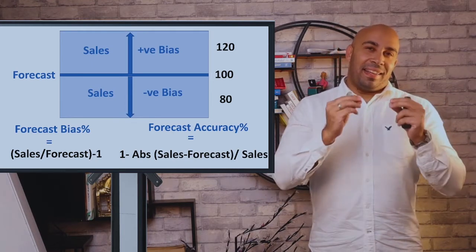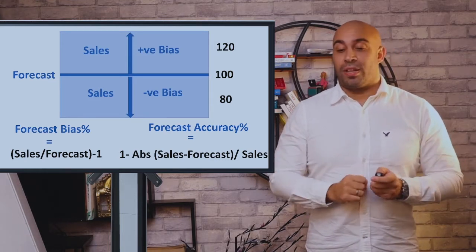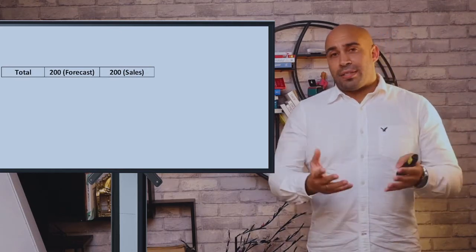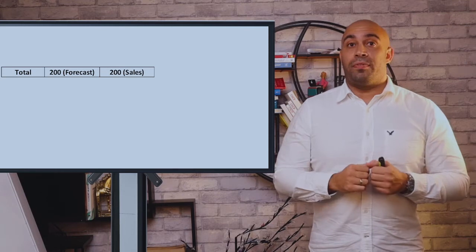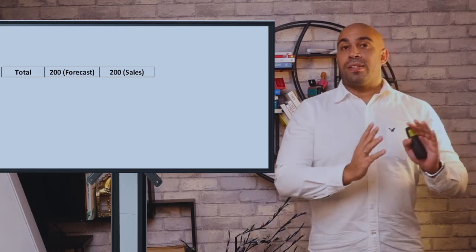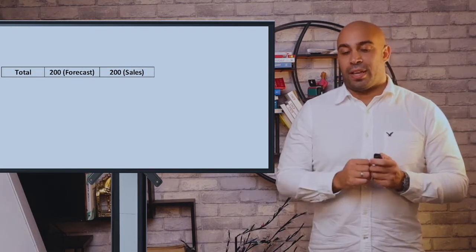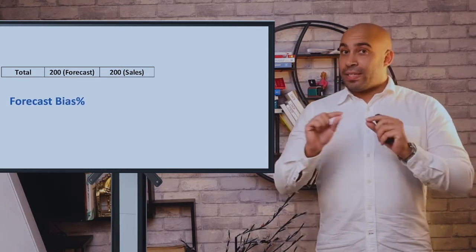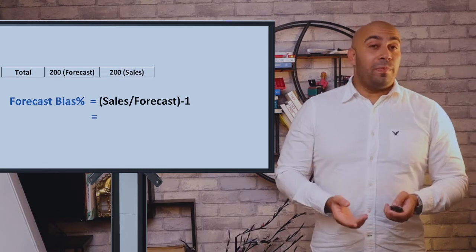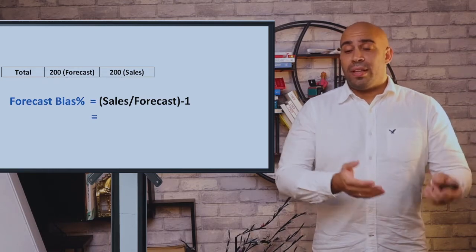Let's take a little more examples to understand the difference between forecast accuracy and forecast bias. Let's calculate what we have discussed for this example. If we have a forecast of 200 cases and actual sales of 200 cases, our forecast bias percentage, using the same formula, sales over forecast minus 1, is 200 over 200 minus 1, which is 0%.